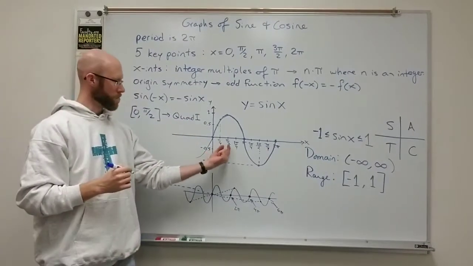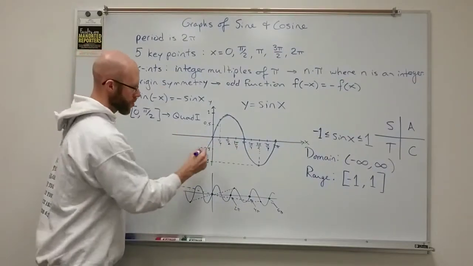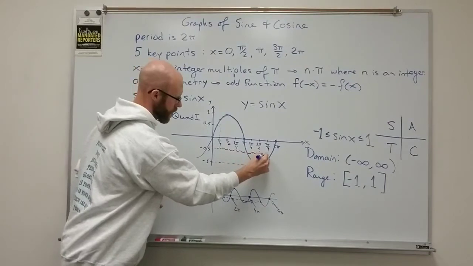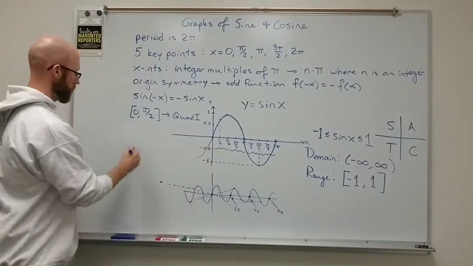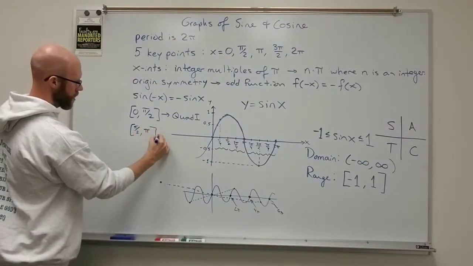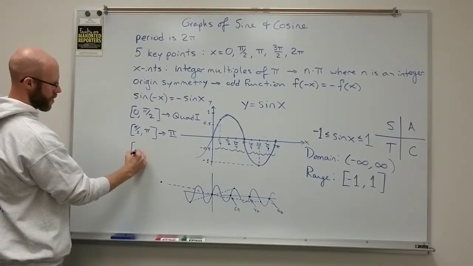And then from pi over 2 to pi represents quadrant 2. So your quadrants show up here on the graph.